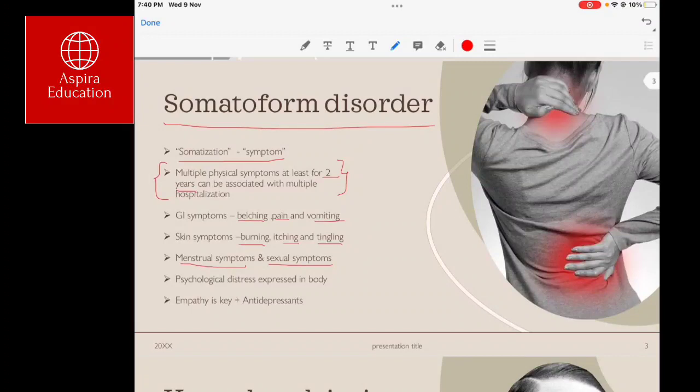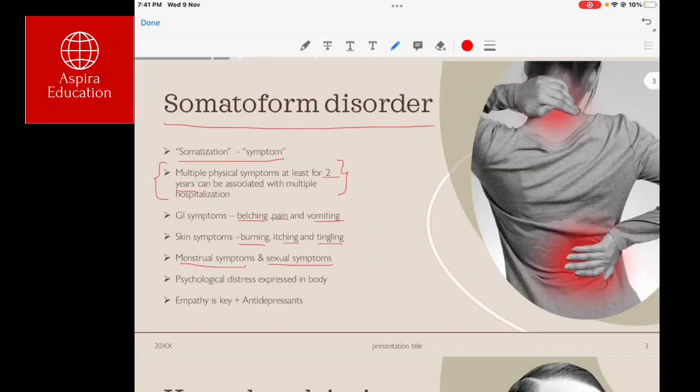Sometimes they will have undergone multiple surgeries as well, and you can see multiple laparotomy scar marks. But still, when the surgeon opens the abdomen, there will be nothing found. So, in summary, somatoform disorder is a disease where the patient exhibits multiple physical symptoms for more than 2 years.